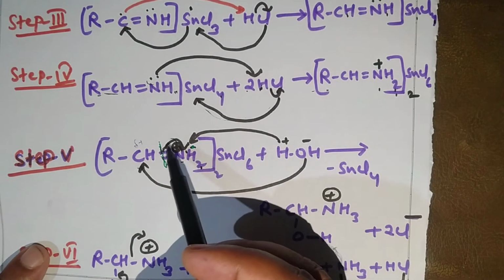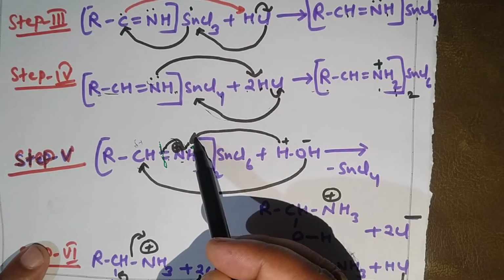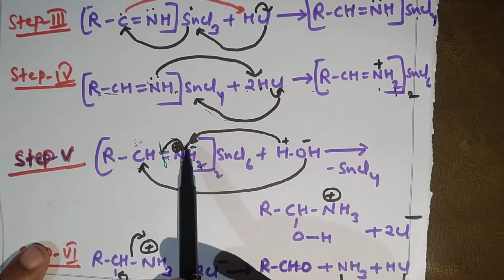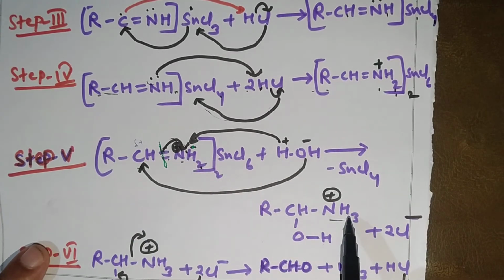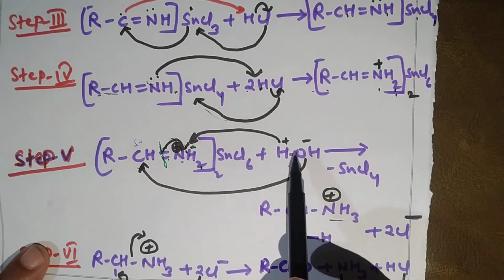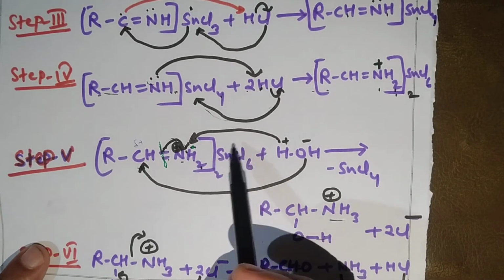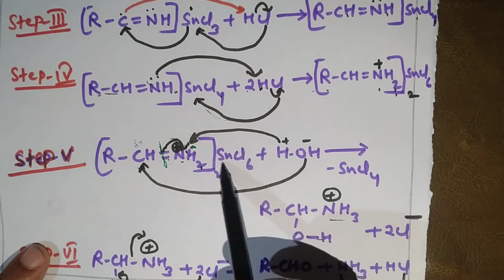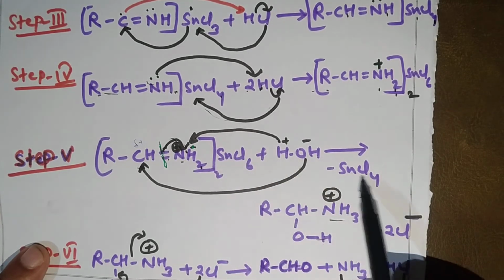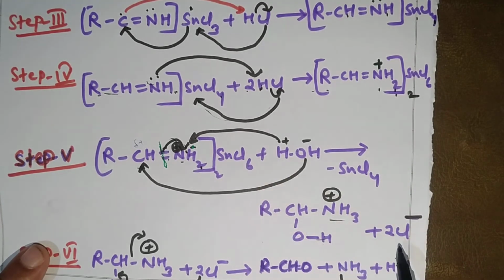At the same time this bond is shifting here and H plus is attached with the nitrogen molecule. So this becomes NH3, you can see here NH3, and OH, this one is attached with carbon. Now this H plus is attached, so it becomes a positive charge. Now here SnCl6 is there, so out of this one SnCl4 leaves, that means is removed, then we have only 2Cl minus, you can see here 2Cl minus is there. So this species formed and 2Cl minus.